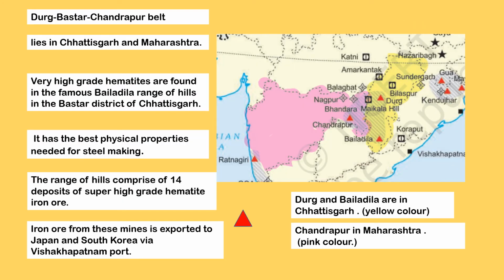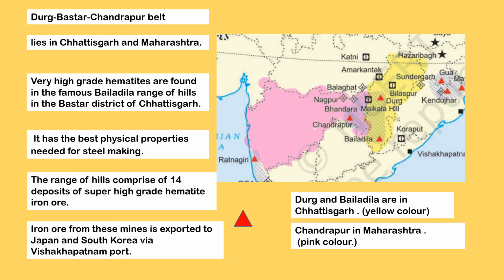Now, the Durg-Bastar-Chandrapur belt lies in Chhattisgarh and Maharashtra. Very high grade hematite is found in the famous Bailadila range of hills in Bastar district of Chhattisgarh. Chhattisgarh is in yellow and Maharashtra I have shown in pink. It has the best physical properties needed for steel making.